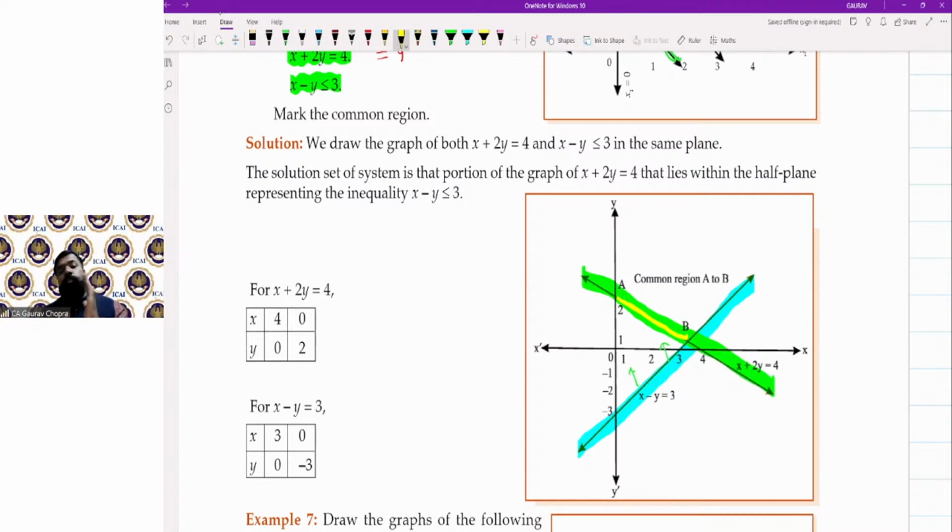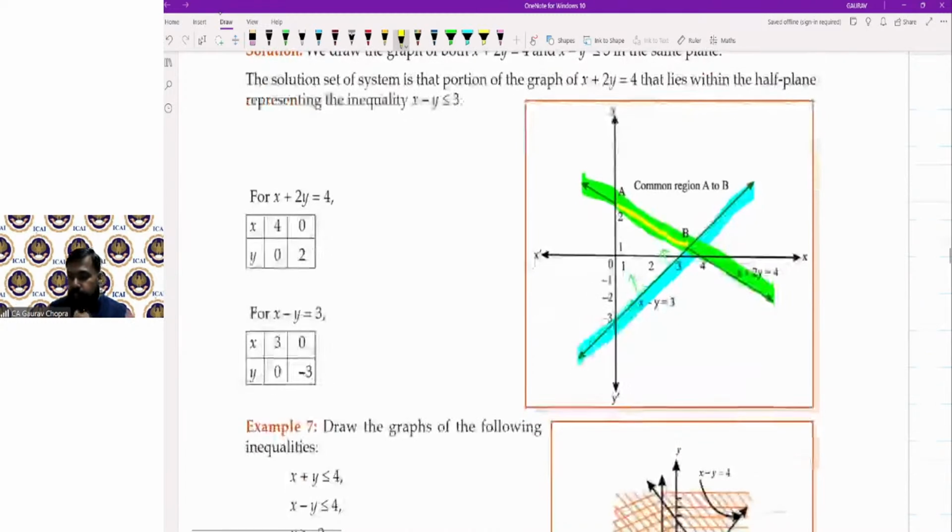And second condition blue को हमने देखा, तो blue से left hand side towards the origin हमें जाना है, and not away from origin. And since the values are positive, तो हम कहाँ रहेंगे, only in first quadrant. So common region will be only a line segment from A to B. So this was a different question.